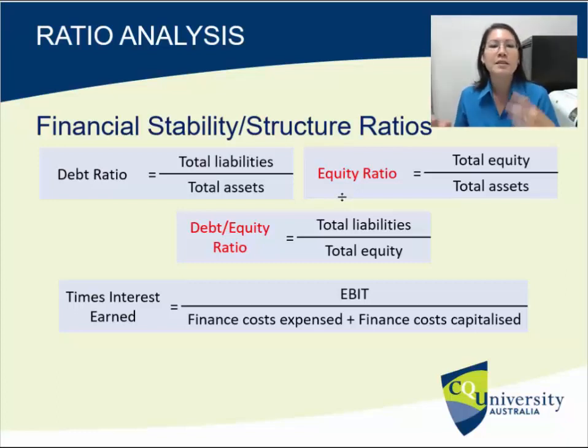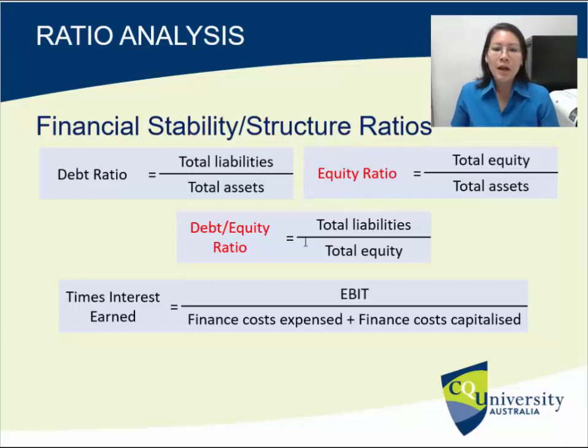So the debt equity ratio compares the debt to the equity component. It says for every dollar of equity, how much is being put in by external debt, or the bank, or some other external financing. So the debt equity ratio is different to these two. That's very important. A lot of people think they're the same.